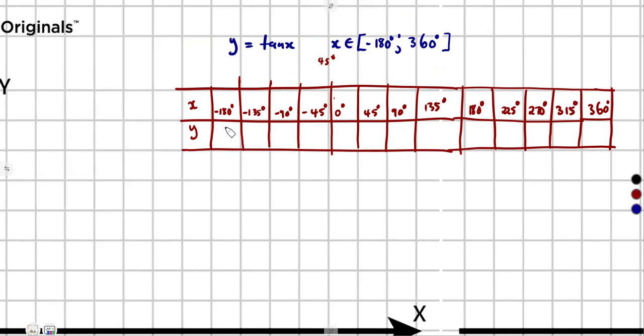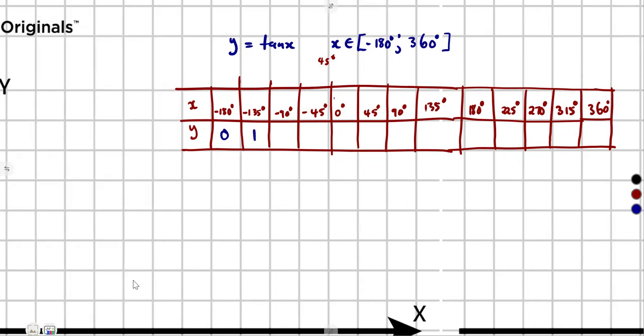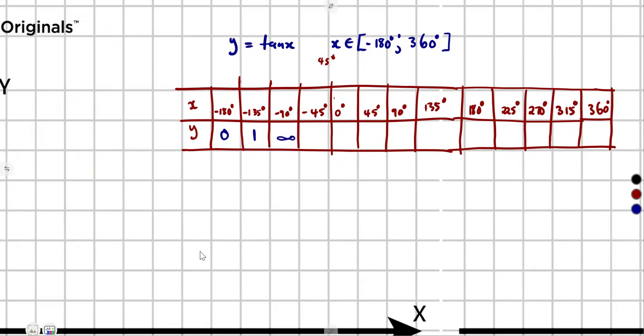Minus 135, that's a 1. Minus 90, just put this and see what's going to happen. At minus 90, that's an infinity. We do not have a value there.